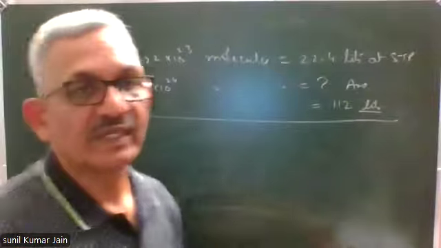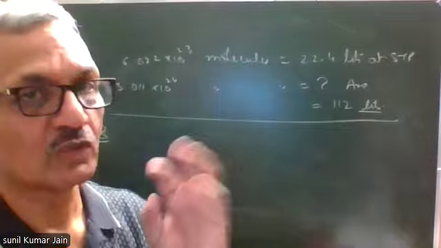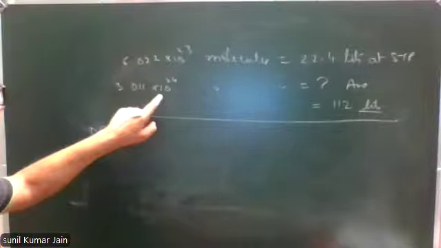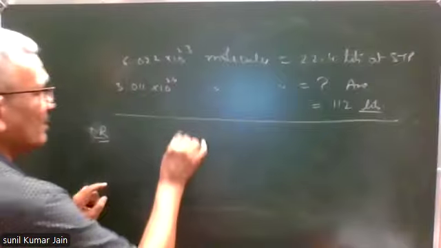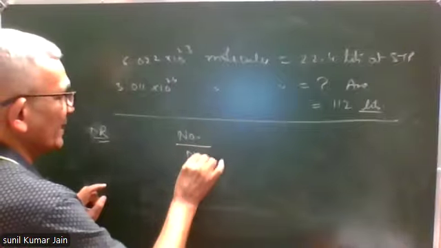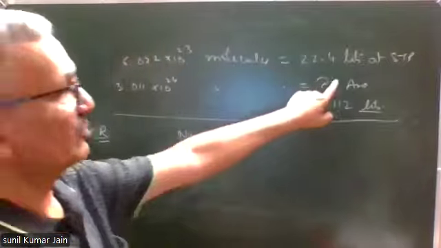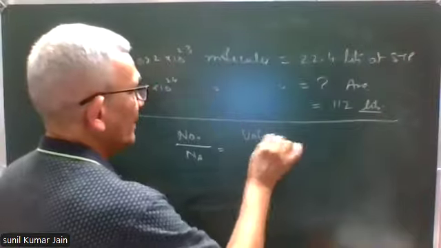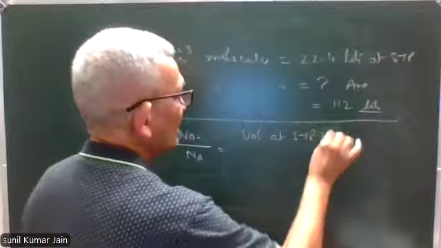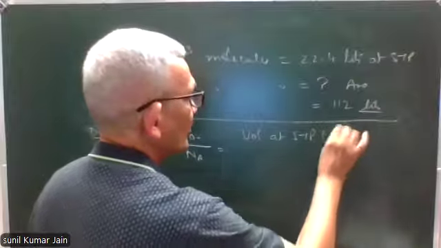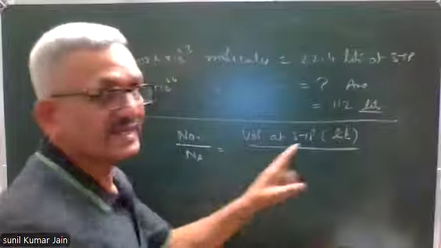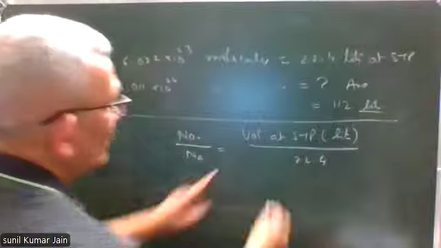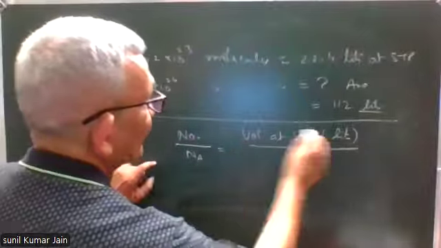Now, if you feel that you are not comfortable with this method, you want to use two relations of number of moles, then number of particles we are given. So I'm writing number divided by Avogadro's number. We have to calculate volume. What was the relation for volume? Volume at STP, this volume is in liters, divided by 22.4. We have to calculate volume, right?